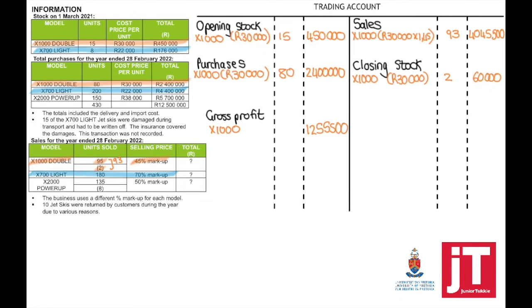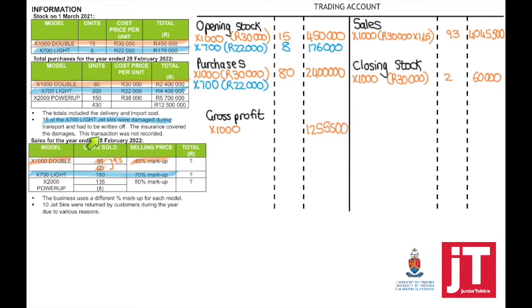If we look at the next model, X700, opening stock, 8 jet skis, and the cost was 22,000. Purchases, 200 jet skis were purchased. But if you look at the additional information, 15 jet skis were damaged during transport and had to be written off.